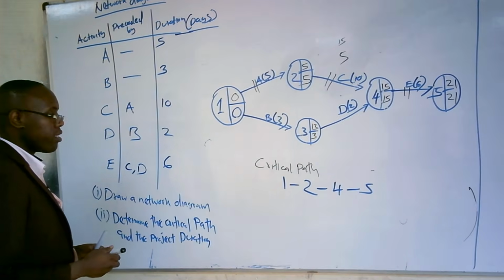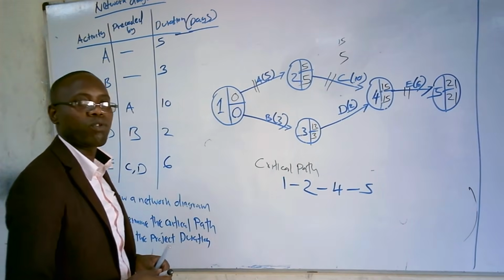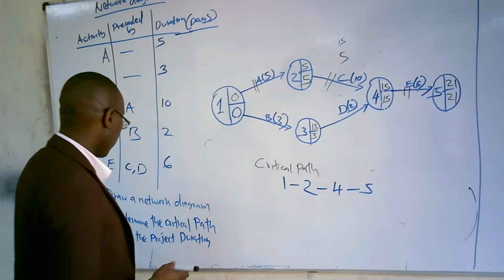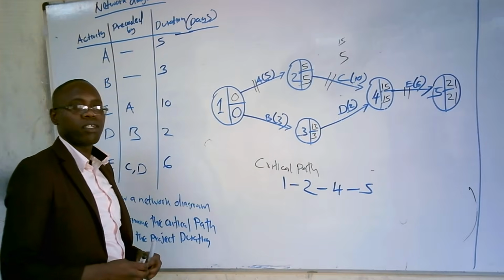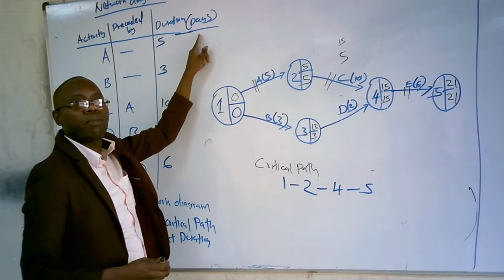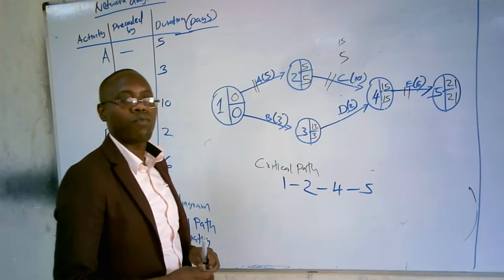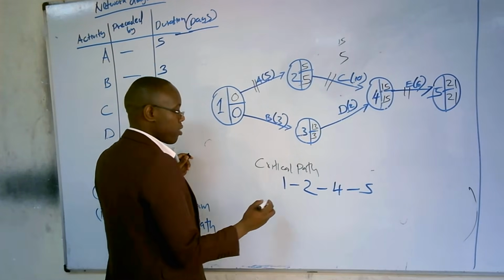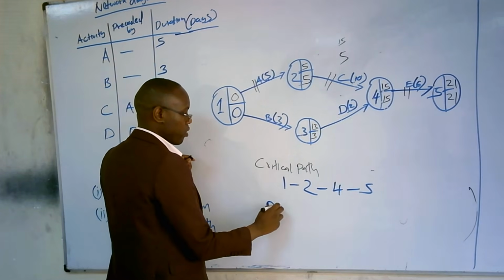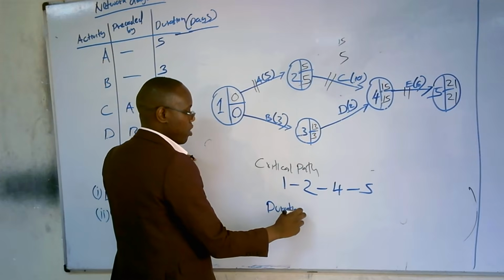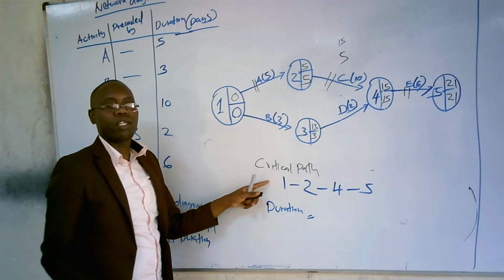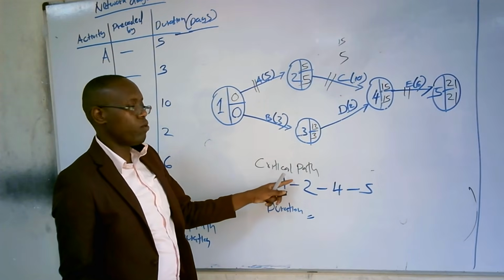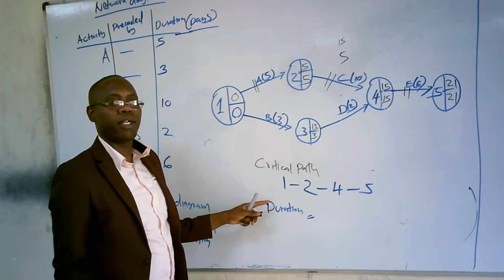And then the other thing that they want us to find is the project duration. And remember, our duration was in terms of days. So how can we find the project duration? To find the project duration, you use the critical path. You pick the duration along the critical path.